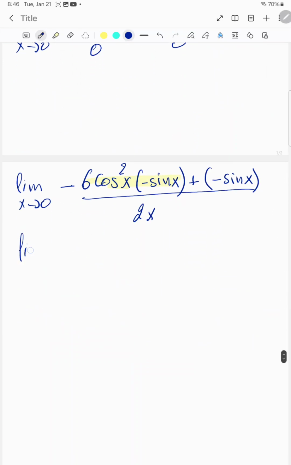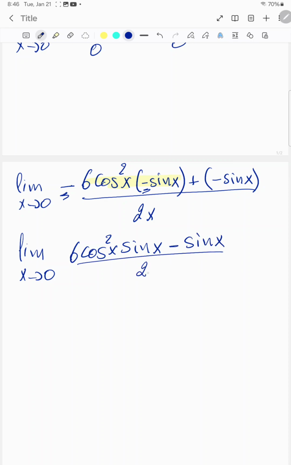So here it becomes the limit when x goes to 0 of minus times minus, which is plus, 6 cosine square of x sine of x, and plus times minus is minus sine of x, divided by 2x. And again, if I want to replace x by 0 here, I will have... you know what, before doing that, it's easier for me.